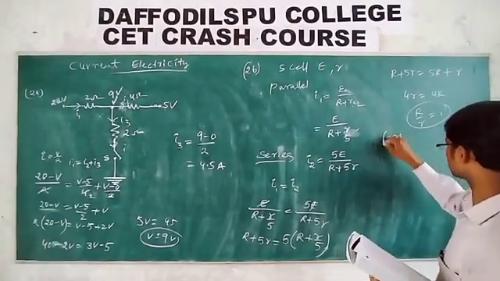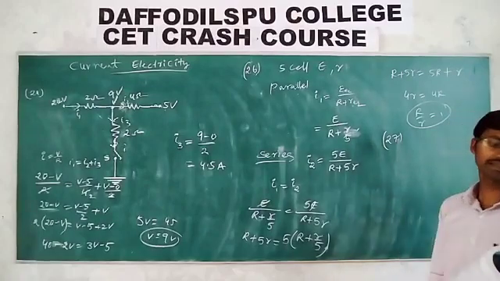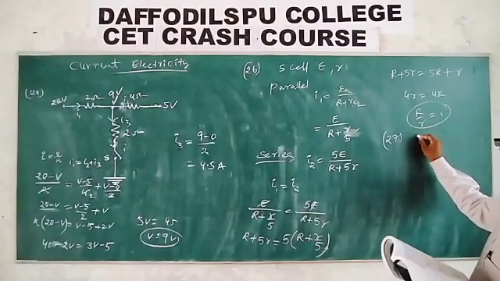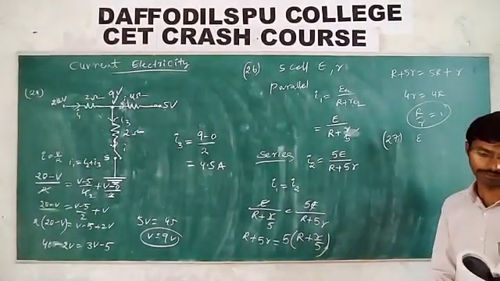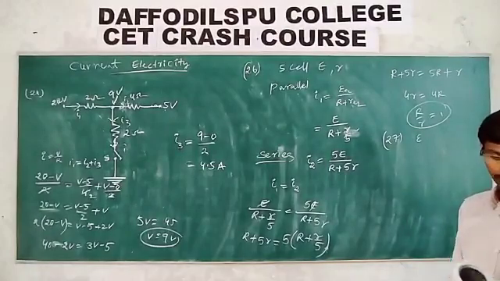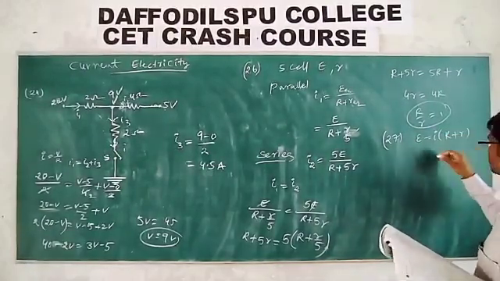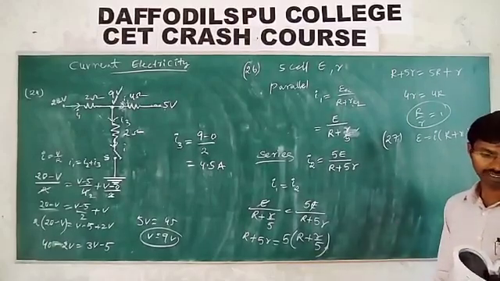Let us see the 27th one. Two identical cells connected in series send 1 ampere current through a 5 ohm resistor. Identical cells means the EMF is E and the internal resistance is also the same. Then E is equal to I into R plus r.